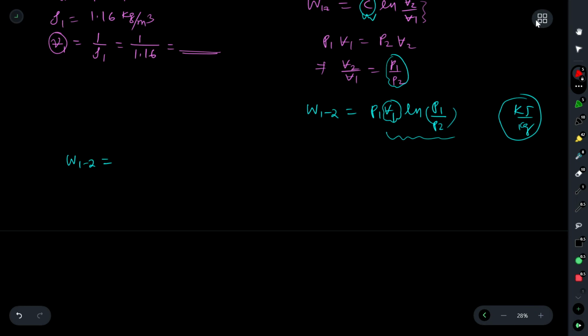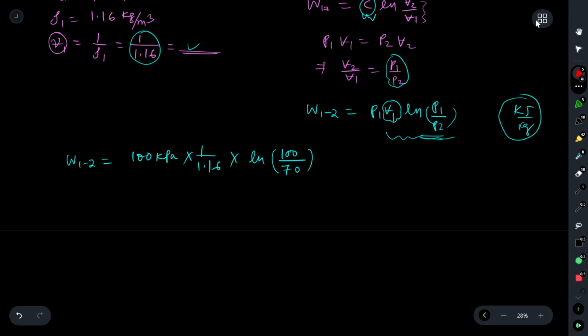So that's why I am keeping the pressure in kilopascal. And V1 will get a certain value from here. Otherwise, directly I am putting this value, that is 1 by 1.16. After that I'll multiply this term: ln of P1, which is 100, divided by P2, that is 70.